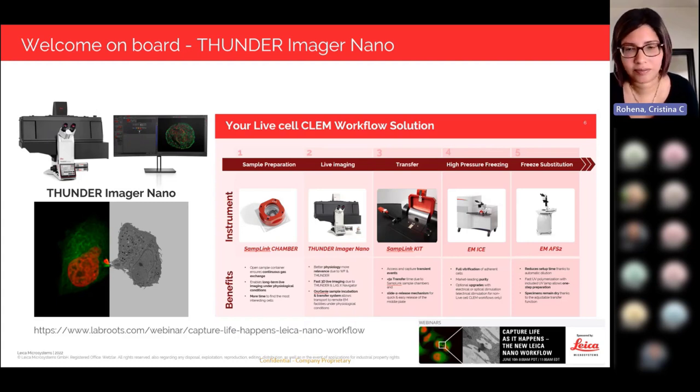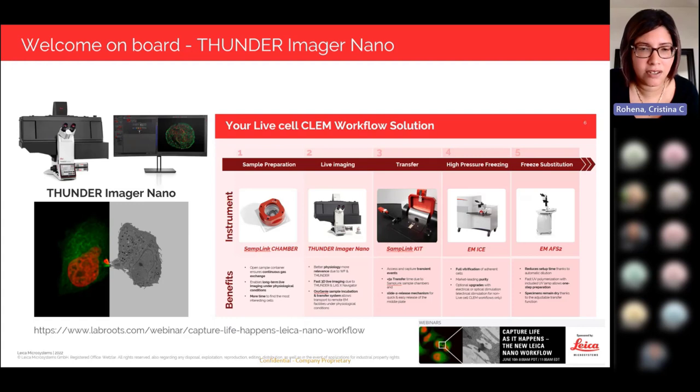So this is now further adding to your CLEM workflow solution, but now looking more at live cell CLEM workflow solutions. So really this allows you, if you're doing any sort of live cell cryo CLEM applications, to really monitor your particular sample for the event that you're really looking for to capture further down in that cryo workflow.